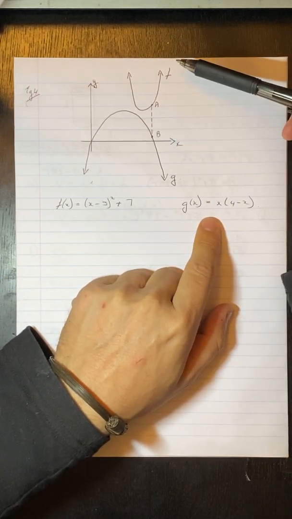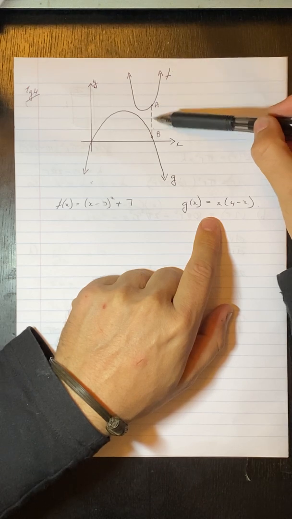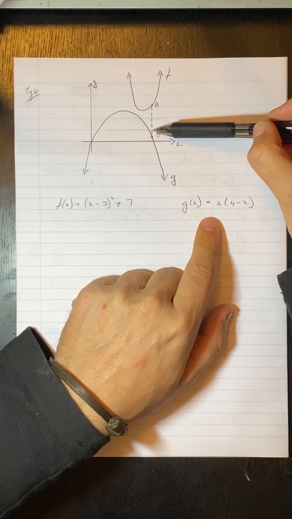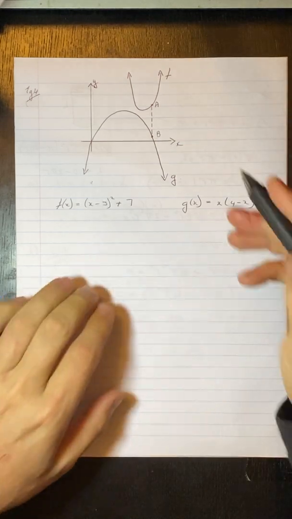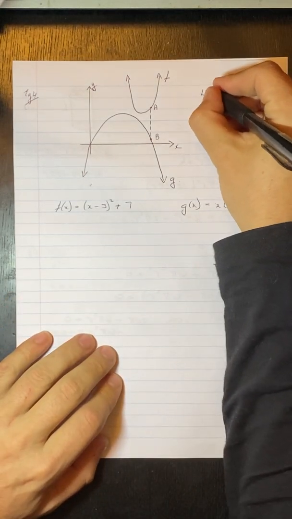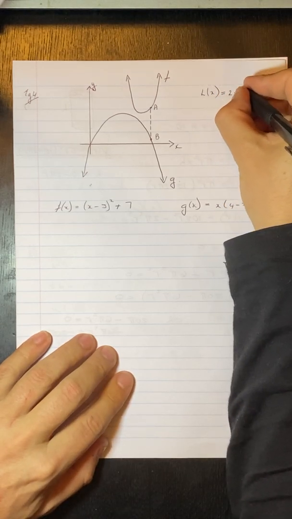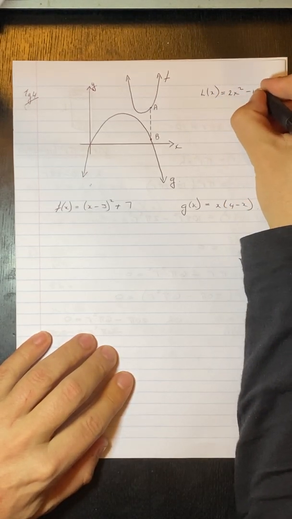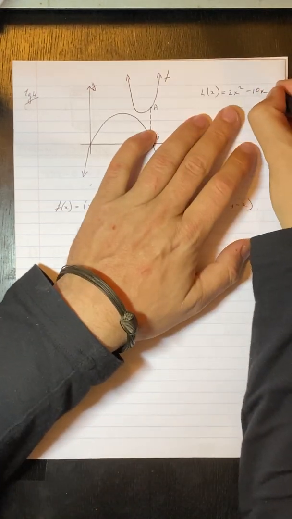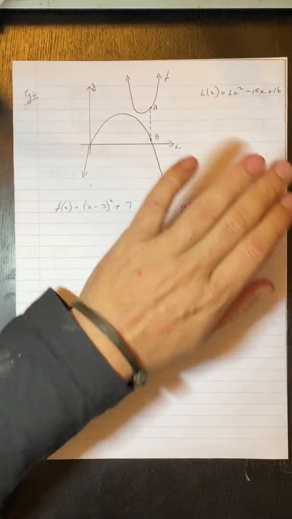They want us to show that the length AB is 2x squared minus 10x plus 16. So I'm just going to write it over here. They want us to show that L of x is equal to 2x squared minus 10x plus 16. Okay.